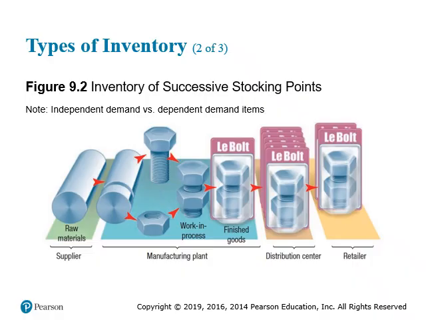So we can actually calculate when we need bolts and how many of them we need, when we need nuts and how many of them we need, and when we need packages and how many of them we need. So we don't have to forecast the demand for those dependent demand items. We simply need to calculate it on the basis of what our plans are for the independent demand items.